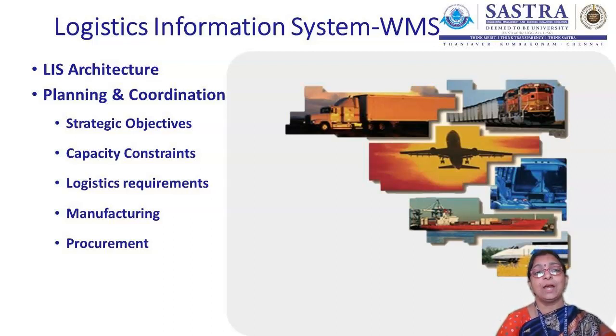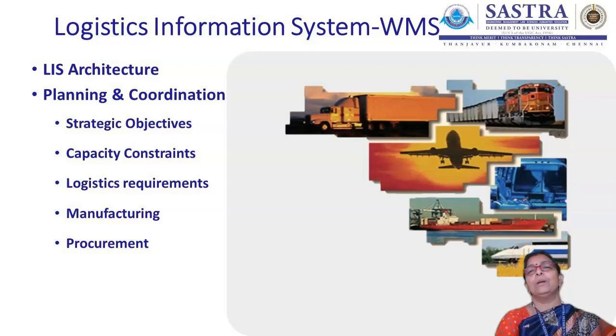So we started with strategic objectives, then inventory, then materials and logistics, and also discussed manufacturing, and then procurement requirements. The procurement requirements schedule material releases, shipments, and receipts.